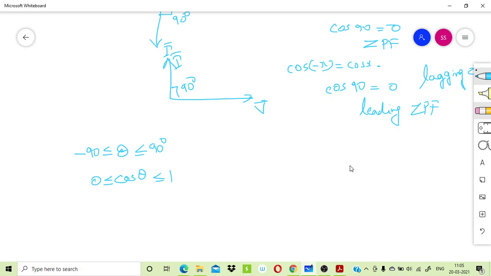So this is the topic of average power, that is active power, then apparent power, phase angle, and power factor. Then we have discussed the different power factors: lagging power factor, leading power factor, and unity power factor. Okay, so thank you.